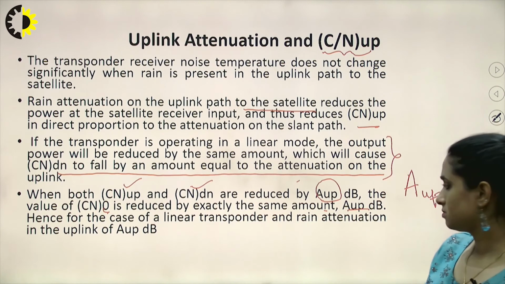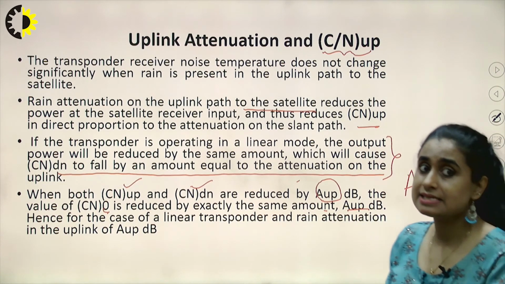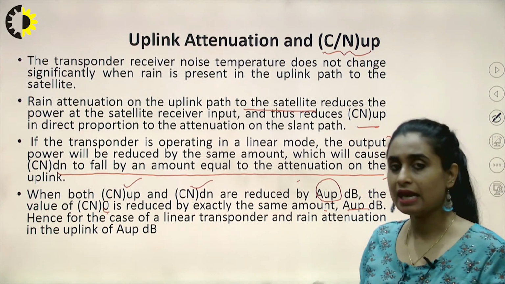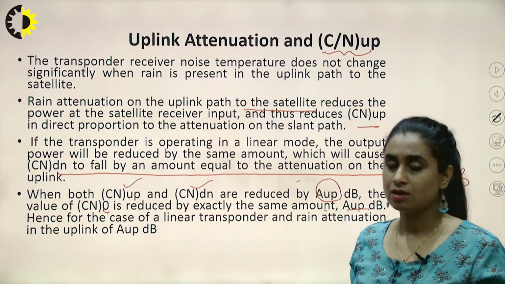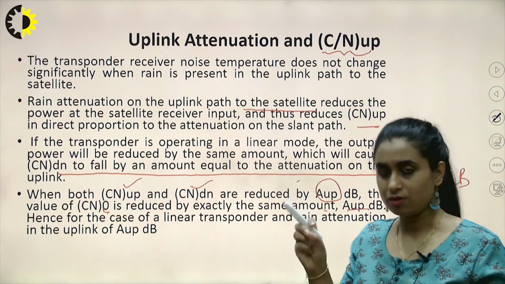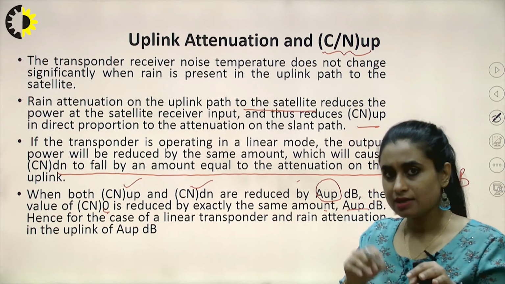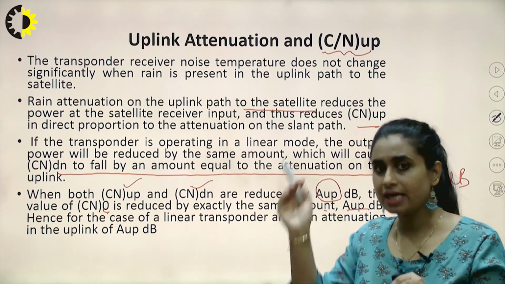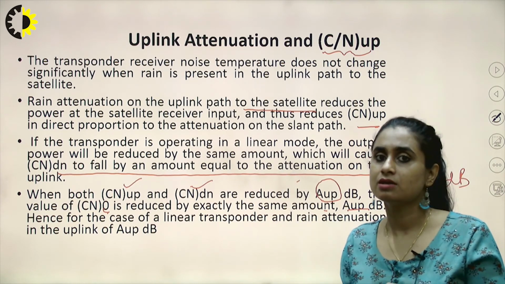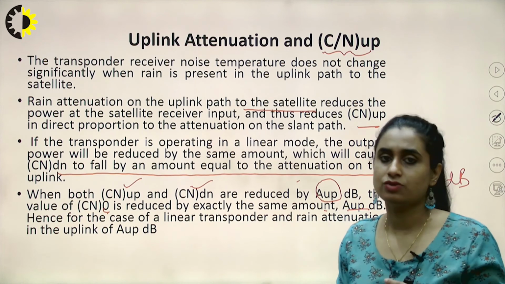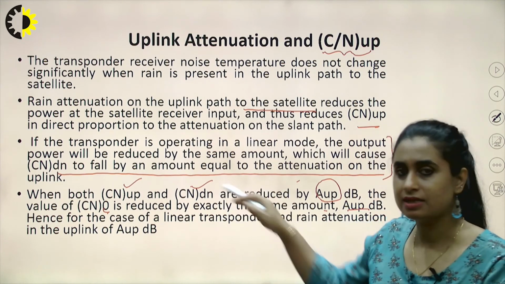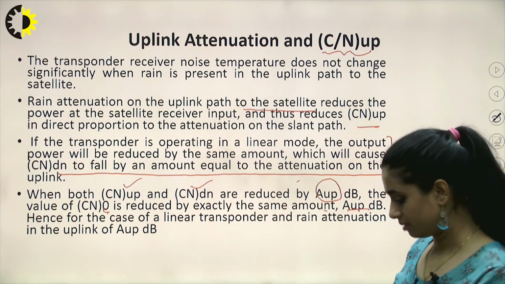If rain has affected my uplink and I have already reduced the power in the uplink, then there is no need to subtract the value again when I calculate the overall C2N, as it has already been subtracted in the uplink part. This is what I mean here.